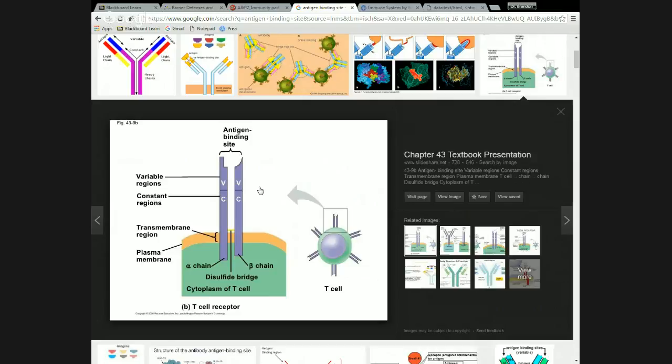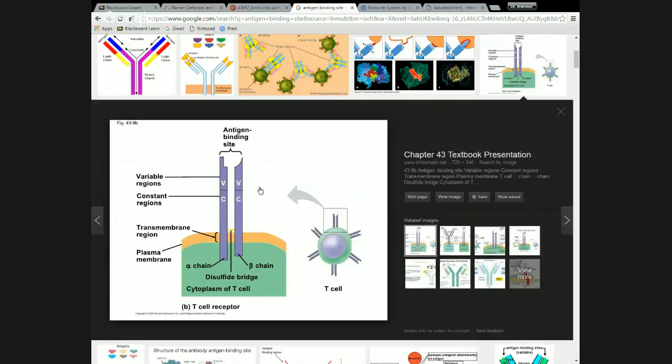And then there's a constant region, which in this particular picture depicts sort of the rest of the thing. The depiction in the book has a constant region, and then the rest of it's just what goes through the cell membrane of the cell. But however you want to think about it, there's a variable region at the end, and then the rest of it's all pretty standard to give the shape of the thing.